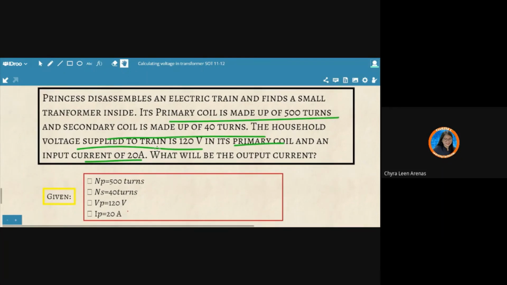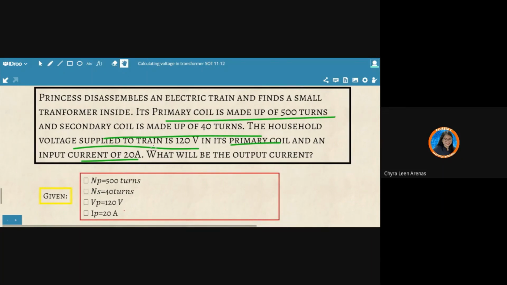So, these are the givens that we have: IP is equal to 20 ampere, and VP is 120 volts. If you look at the givens and the formulas we have, it's quite difficult to tell what will be the good formula to use.